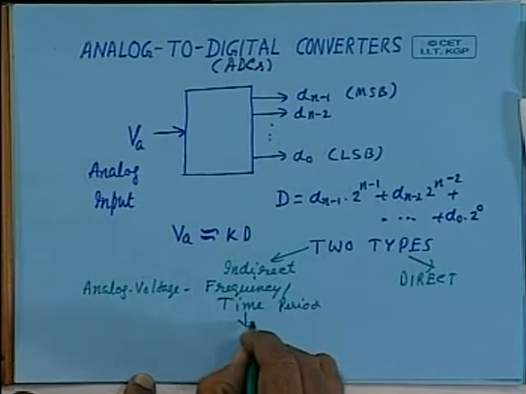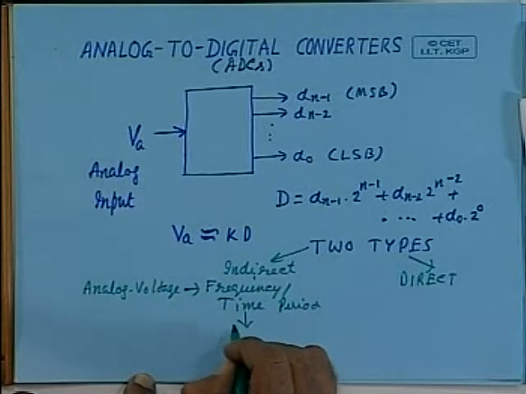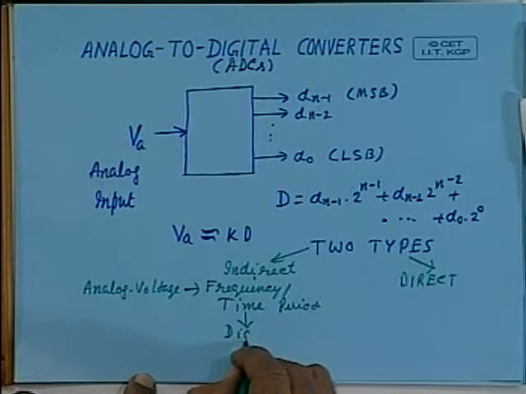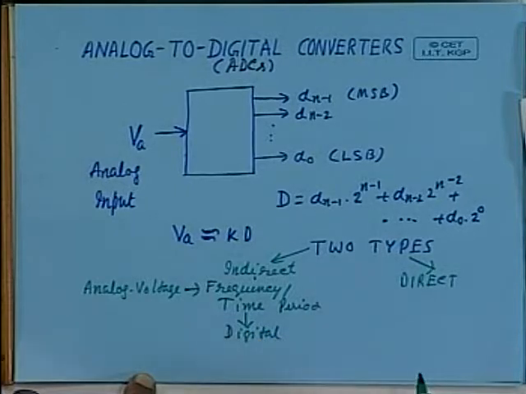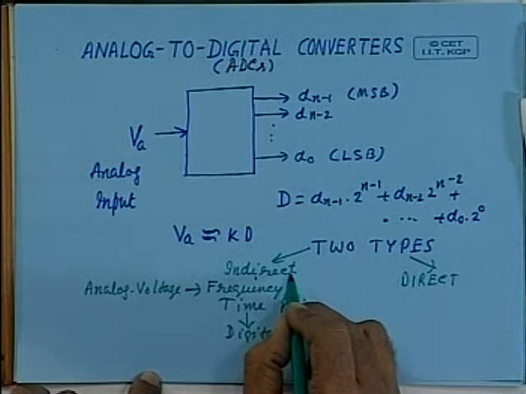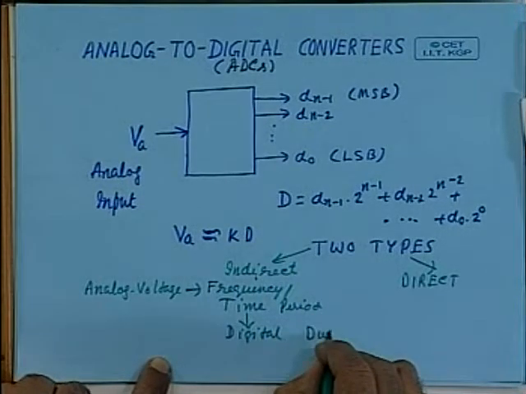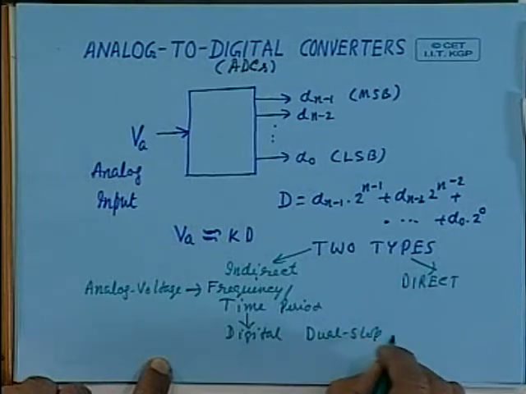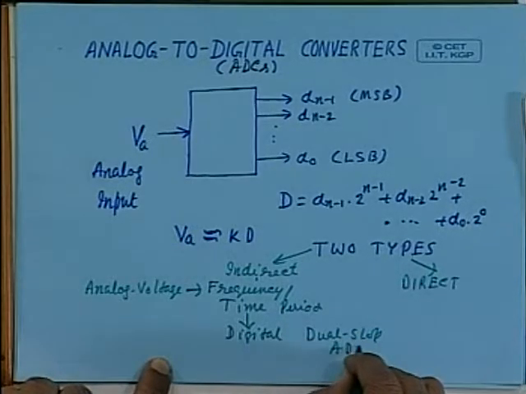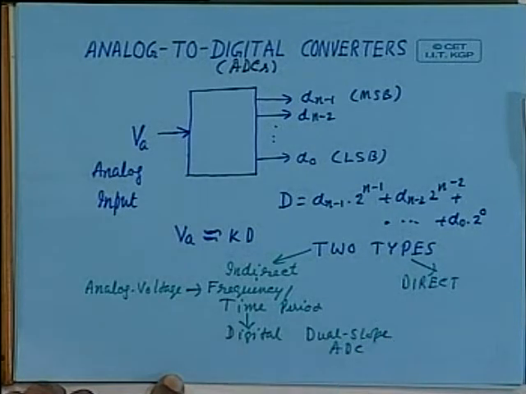Then this is converted into digital form. An example of this indirect type of AD converter is the dual slope ADC, which is very popular. We shall discuss it in more detail.